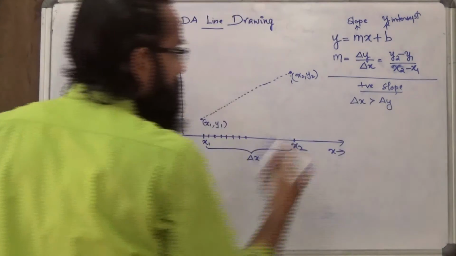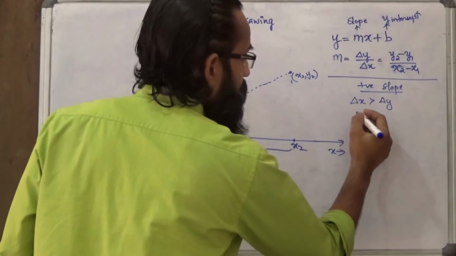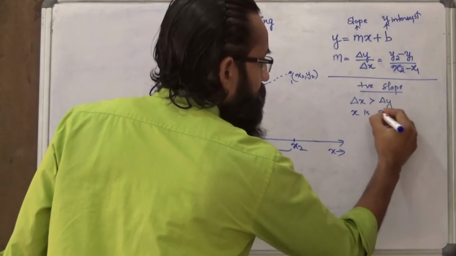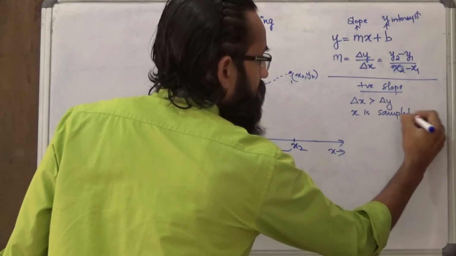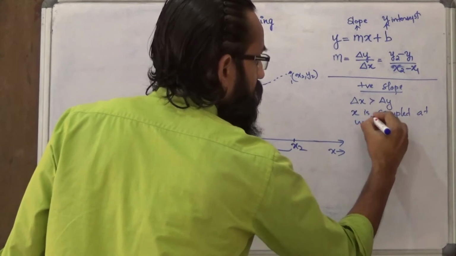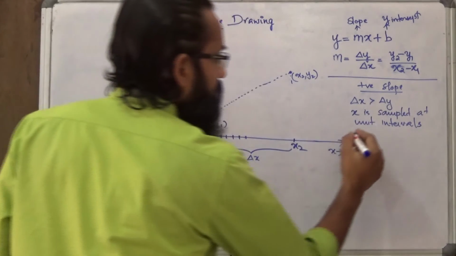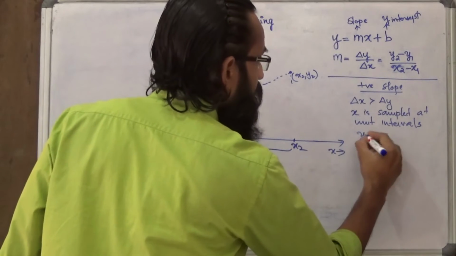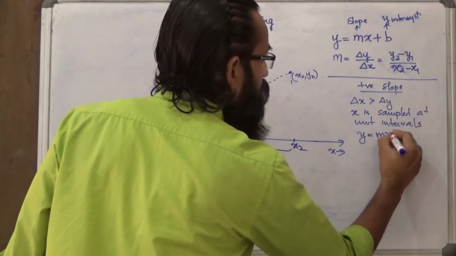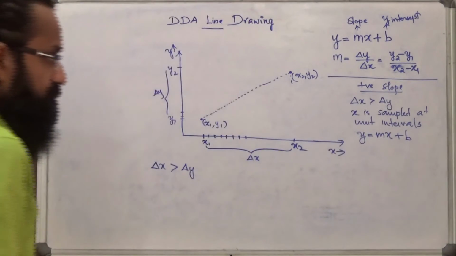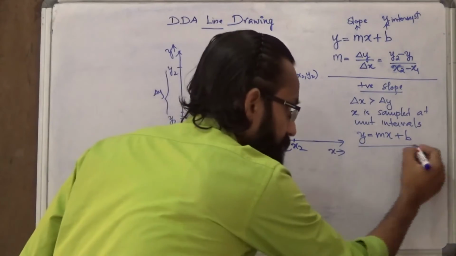So if delta x is greater than delta y, x is sampled at unit intervals and the corresponding y value is computed using the equation y = mx + b. That is the basic idea.